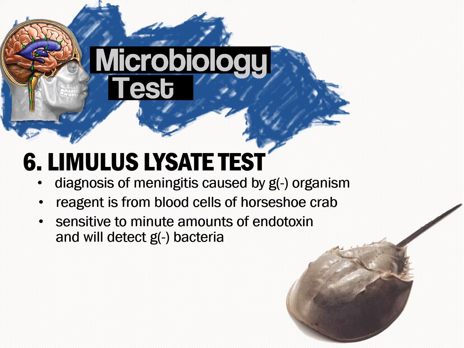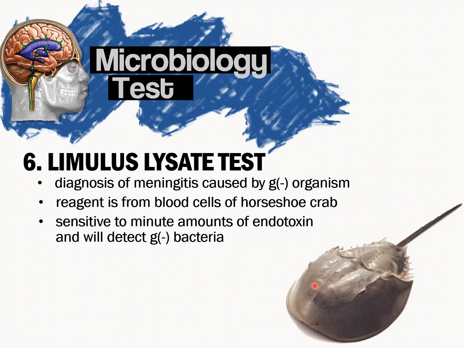The last microbiologic test is the Limulus lysate test, which is good in detecting meningitis caused by gram-negative organisms. The reagent comes from the amoebocytes of a horseshoe crab, like this one, which has the genus and species Limulus polyphemus, thus the name Limulus lysate test.